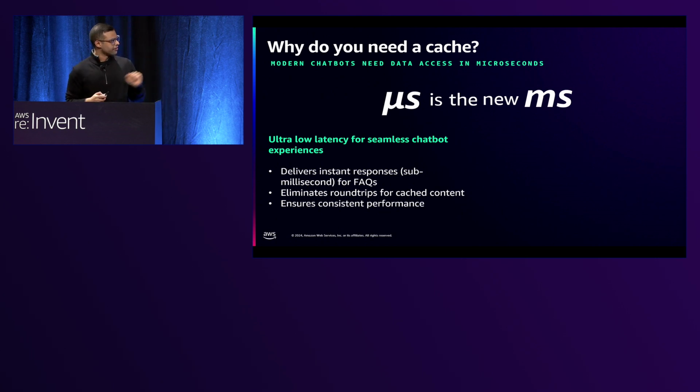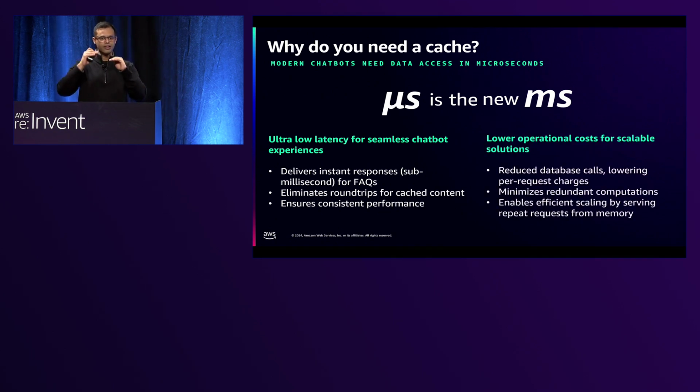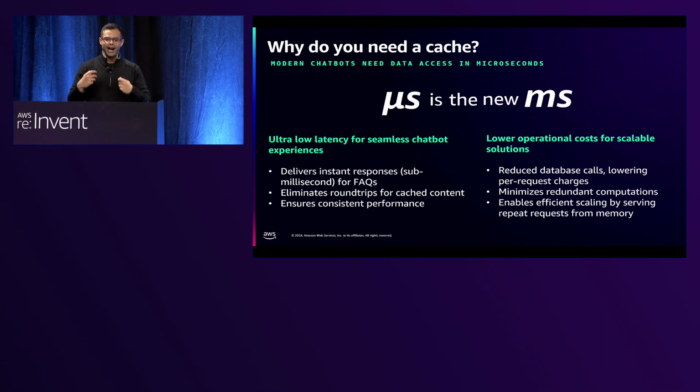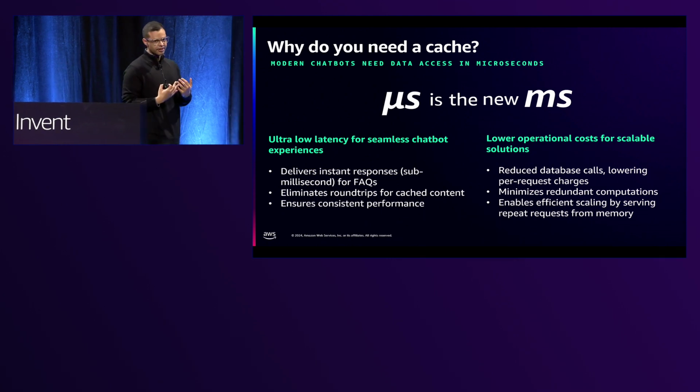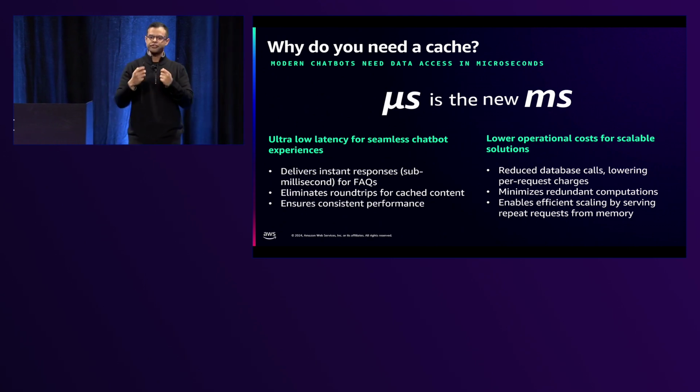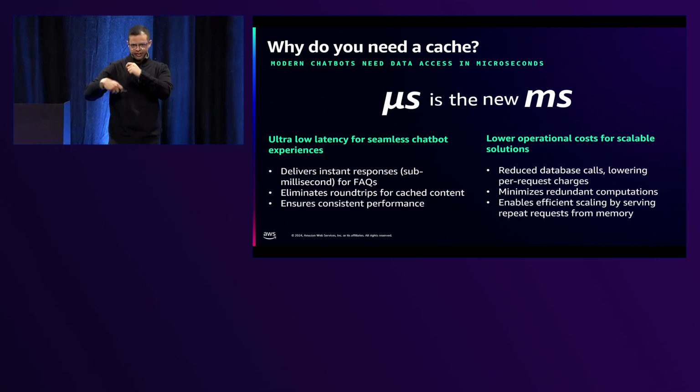The second good reason is lowering operational costs. Imagine if your customers keep coming back and asking the same questions all the time, right? In that case, what happens with typical RAG-based architectures is you recalculate the search distances, you have to regenerate the embeddings, you have to convert the user query into embeddings as well, fetch a similar response from the database, and then augment it with the prompt and give it back to the user.